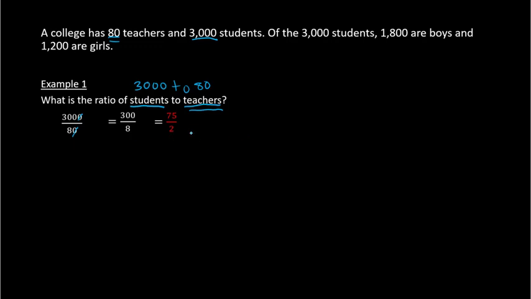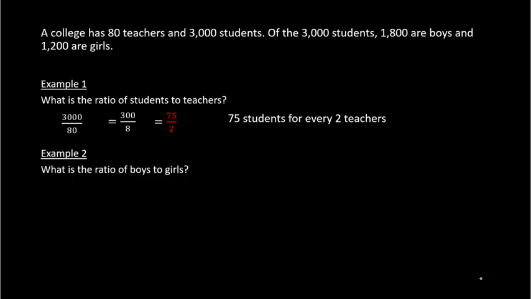So what we have is our ratio in simplest form, 75 to 2. You can write it as a fraction, with words as 75 to 2, or with a colon, 75 colon 2. What this means is that we have 75 students for every 2 teachers. The ratio is 75 to 2.